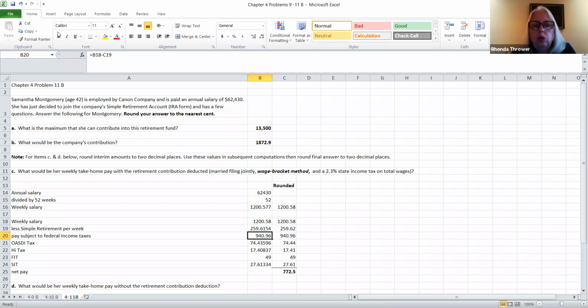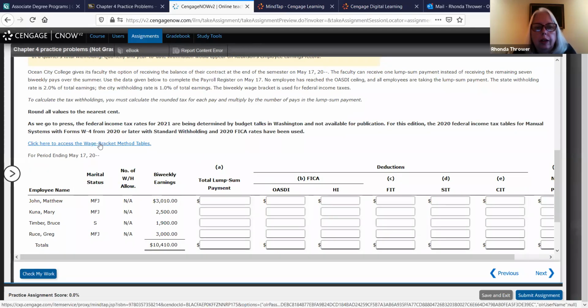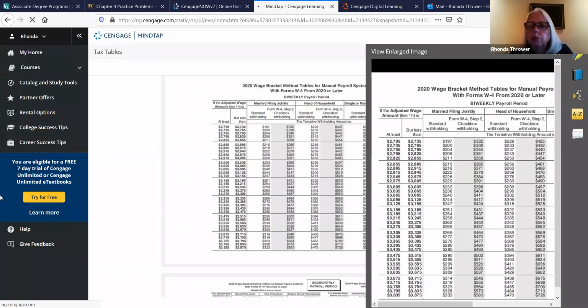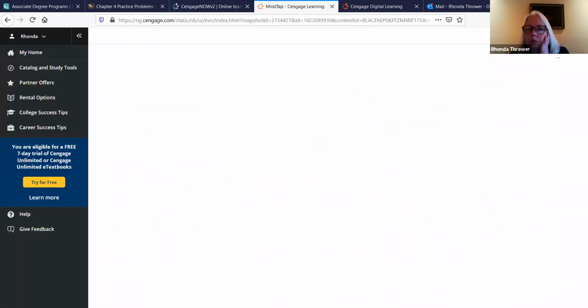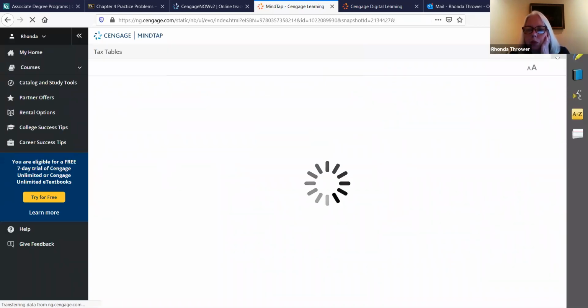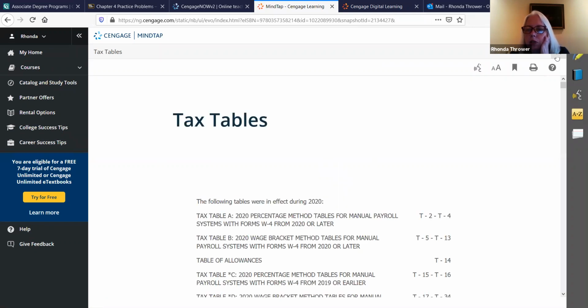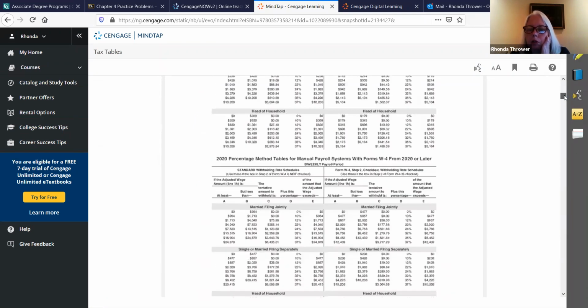So I'm going to go to my table. And you're going to click on the table here for the wage bracket method. Sorry, it's going to take a second because I clicked on it twice. But hang on.